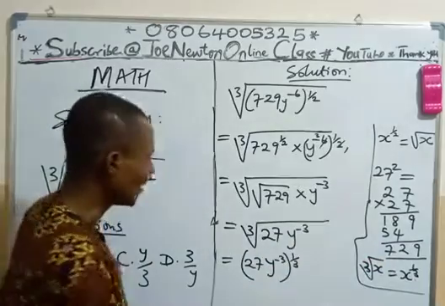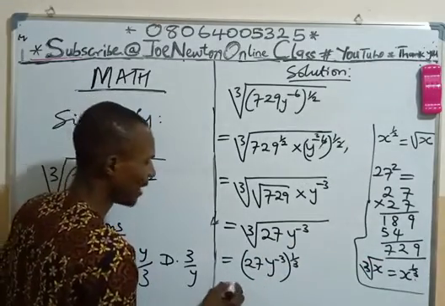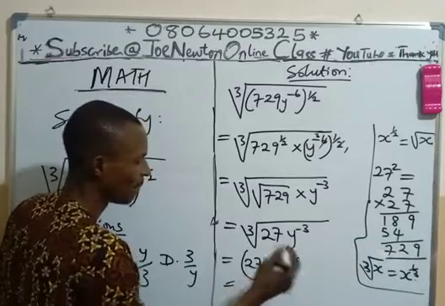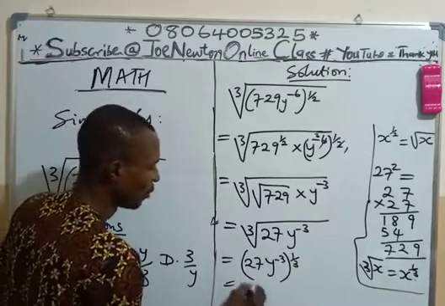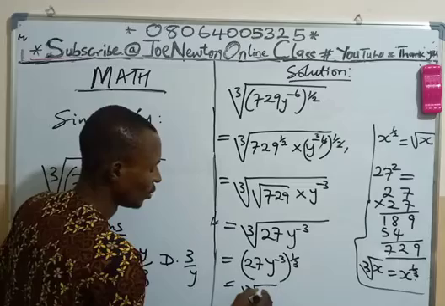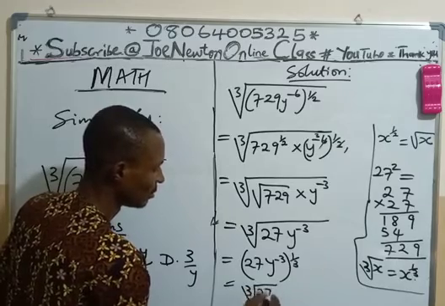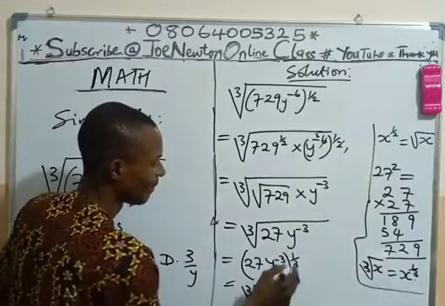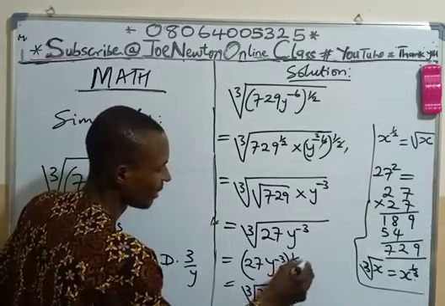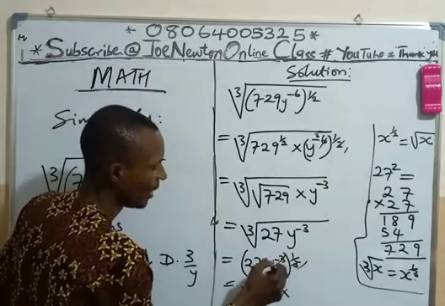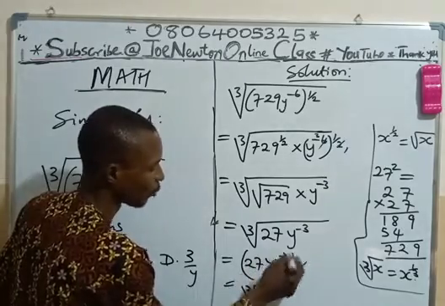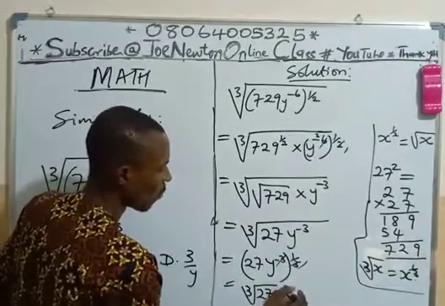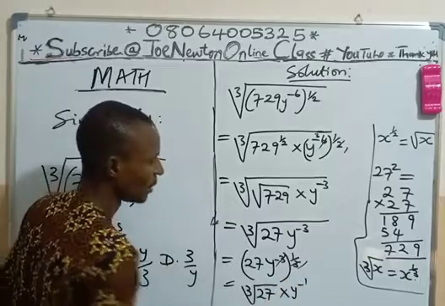Good. Now, this simply implies cube root of 27 then times y. 3 cancels 3 here, we get minus 1. So times y power minus 1.